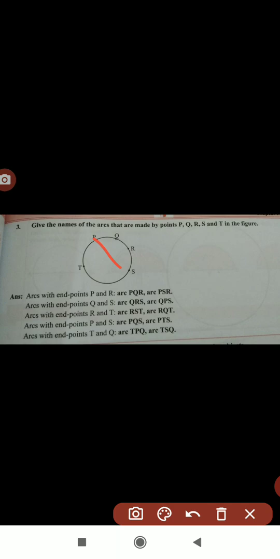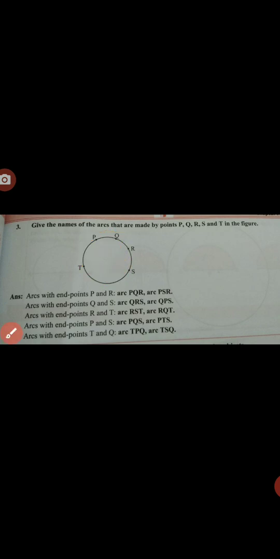R and T: RST and RQT. P and S: PQS and PTS. Last one, arcs with ends T and Q: TPQ and TSQ.